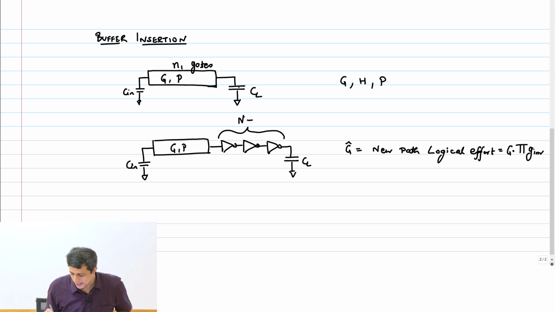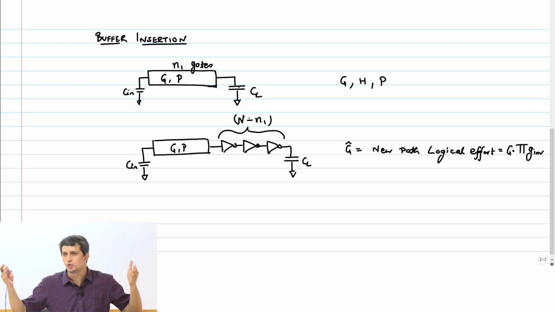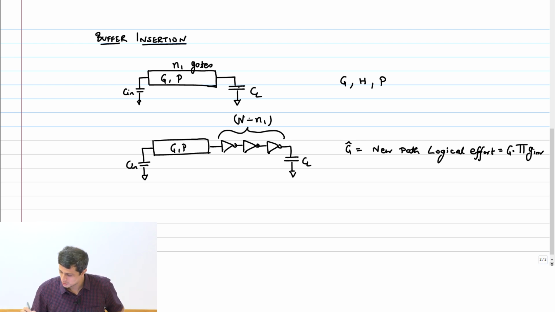I'm going to add N minus N1 inverters, so that the total number of gates in my new path will be capital N. So this is still G. Now what's my new path electrical effort?